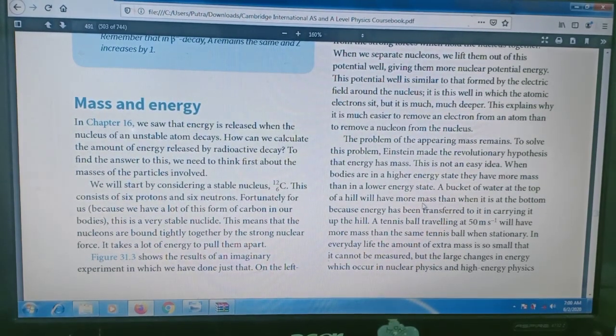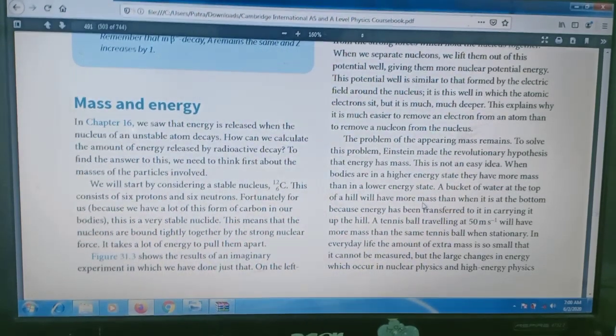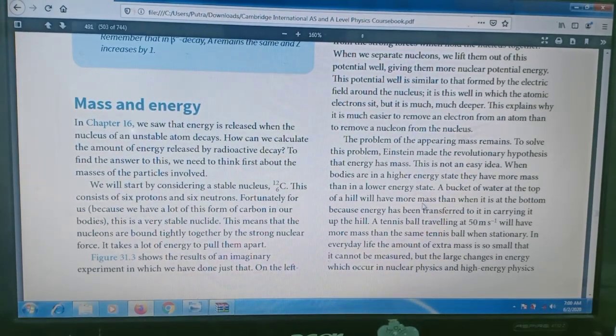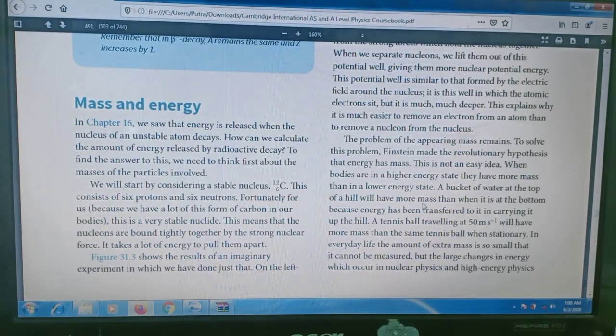So Einstein made a new law for subatomic particles. Actually, the law from Einstein is not only applicable in subatomic particles, but also in big particles. But since the number is too small, some people just ignore it.